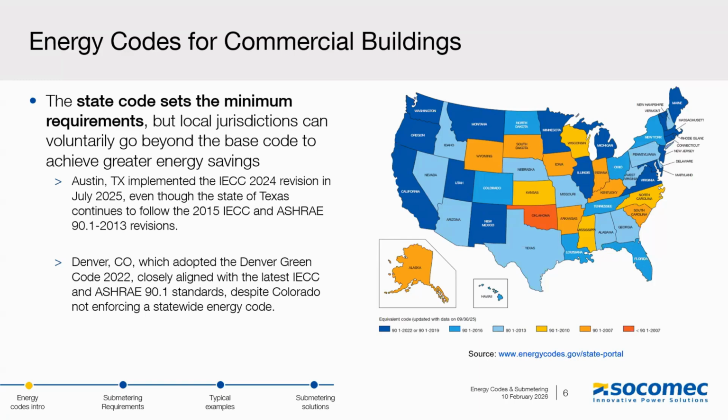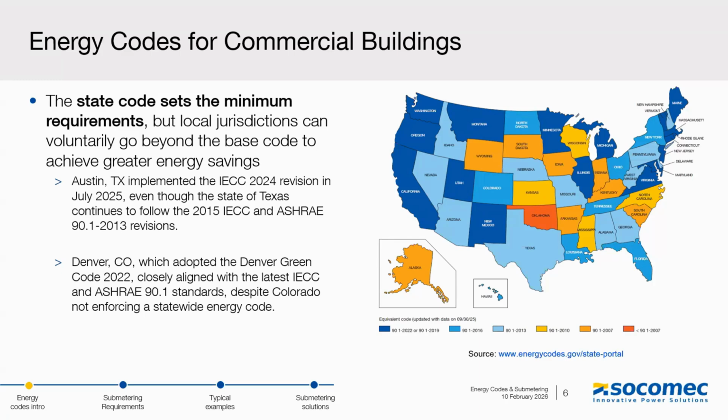There are a few examples. Austin, for example, implemented the 2024 IECC revision, which is the latest version. Based on the 3-year cycle, there should be one in 2027, but the latest one is 2024. They adopted it in July 2025, but the state of Texas as a whole is still on the 2015 IECC or 2013 ASHRAE.